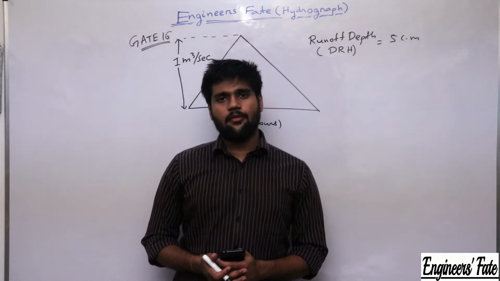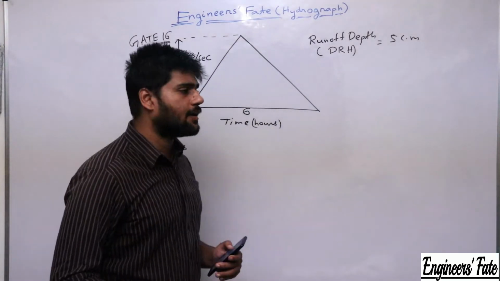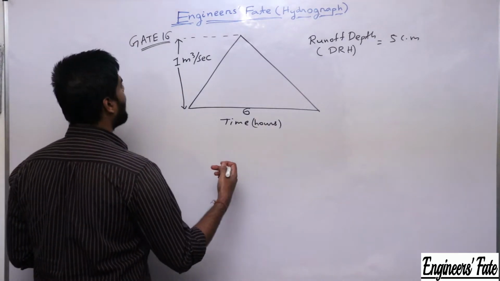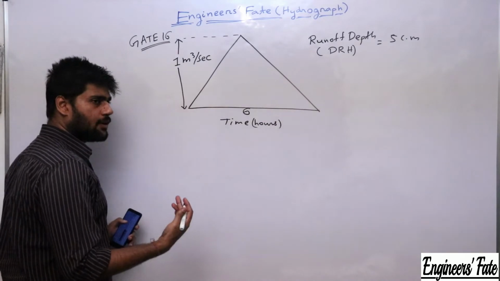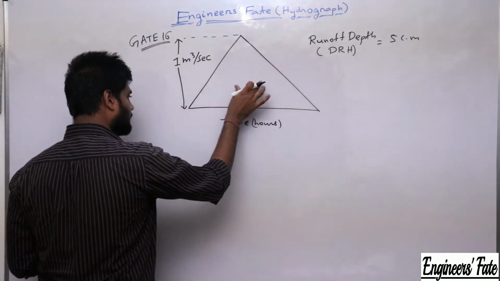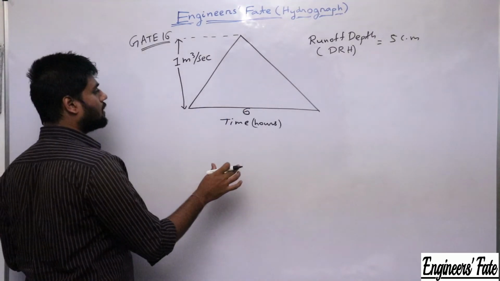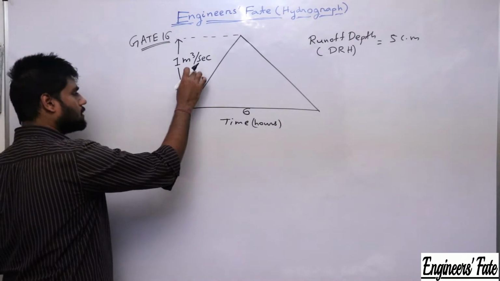I hope you have read the question, you have seen the diagram, and I have drawn a similar diagram as given in the question, and I have written the data. From the diagram you have seen the area of the direct runoff hydrograph is a triangle. The base of the triangle is 6 hours and the height of the triangle is 1 meter cube per second.